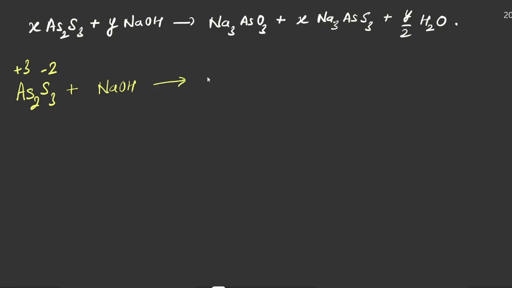And on the other side, it is Na3AsO3, so the oxidation state of arsenic is again +3. There is no change in oxidation number. Is there?